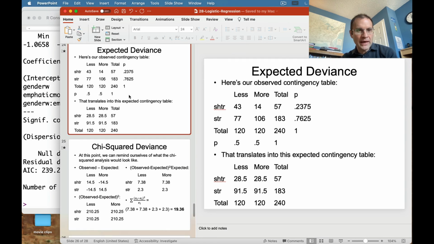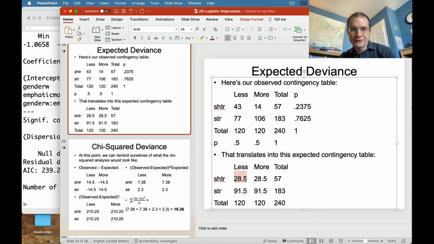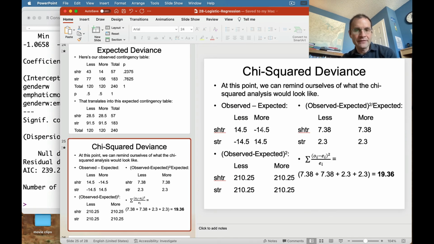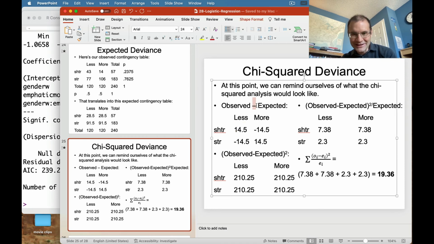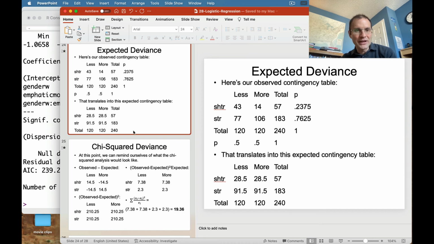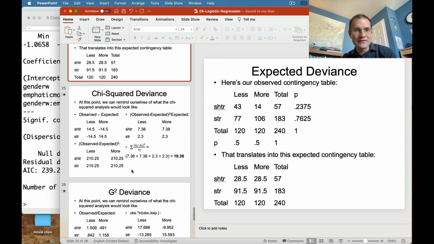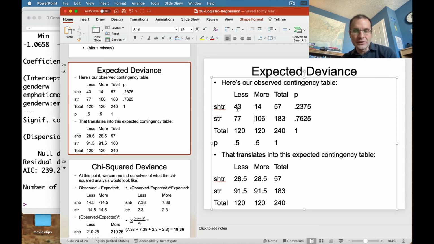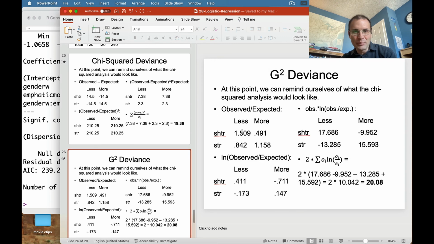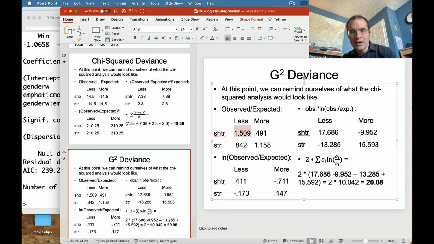We have this observed minus expected here. For chi-squared, this number is 43 minus 28.5, which gave us 14.5. But what we're going to see for the g-squared deviance is a ratio. So it's 43 divided by 28.5, which is about 1.5, or 1.509 is what it turns out to be.